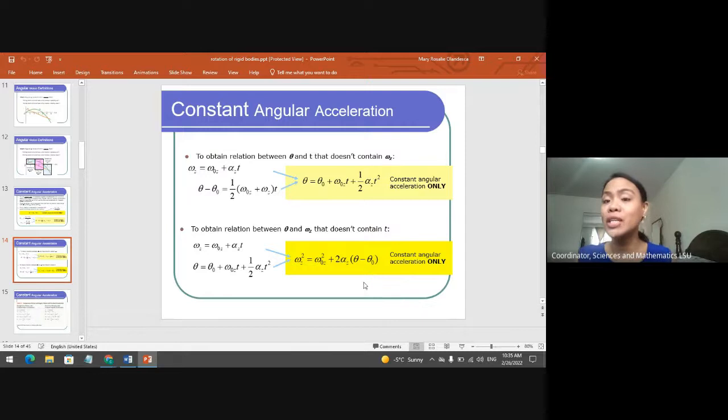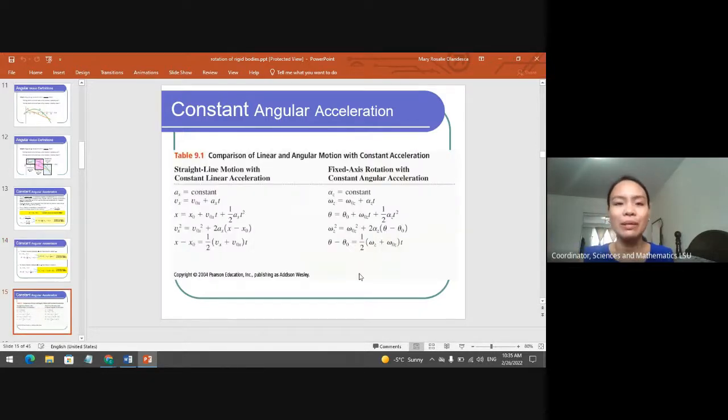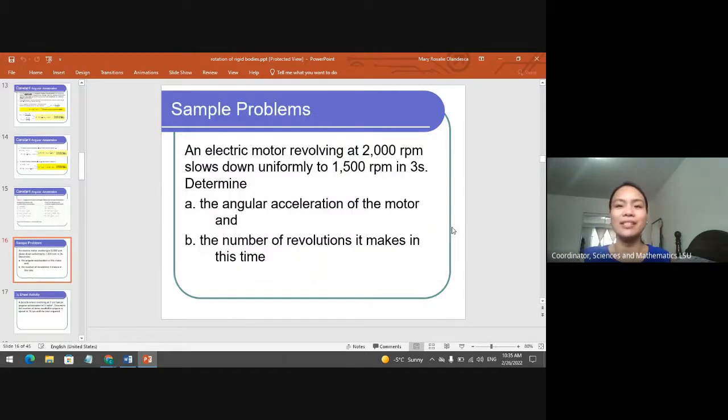And instead of using x, we are now using theta for angular displacement. So this is our comparison between the linear motion and our angular motion. These are our kinematics equations for linear motion and for angular motion. They are just the same.